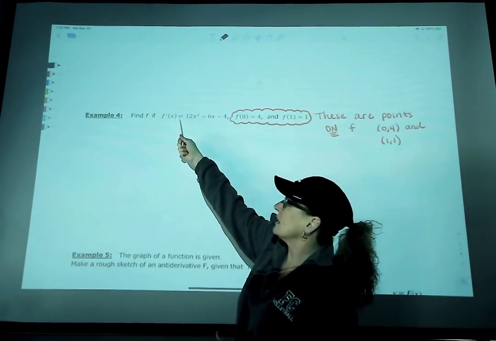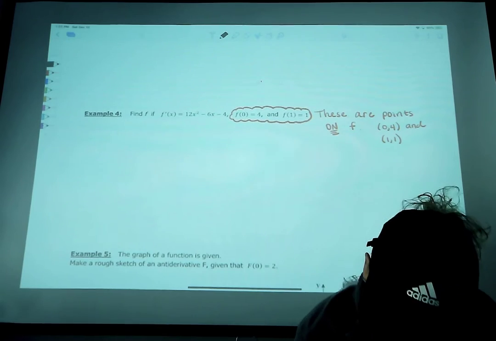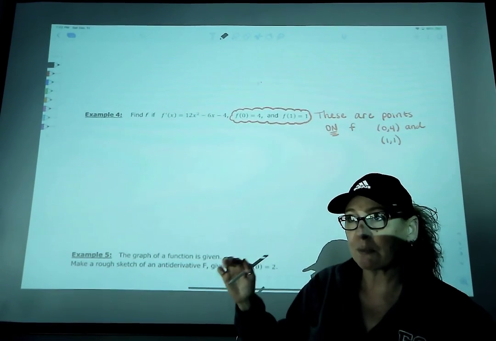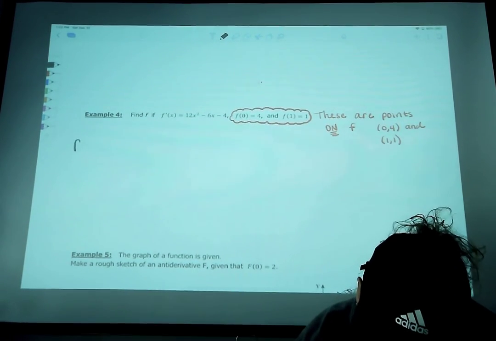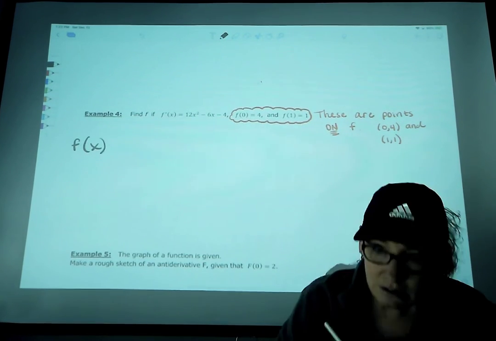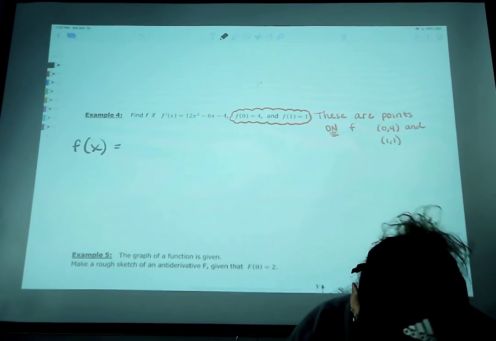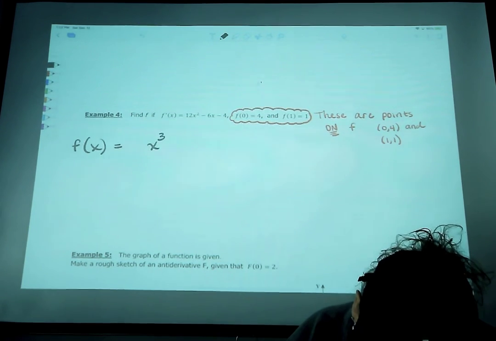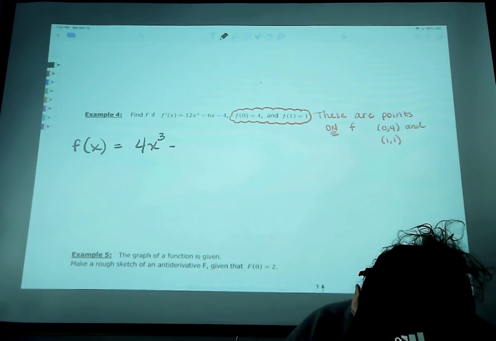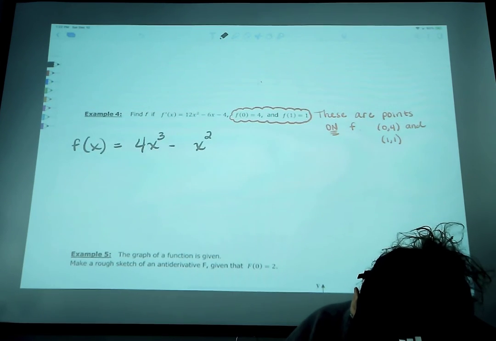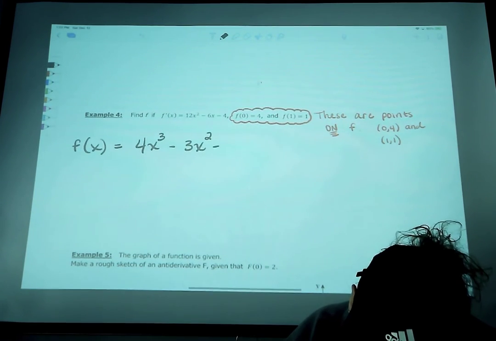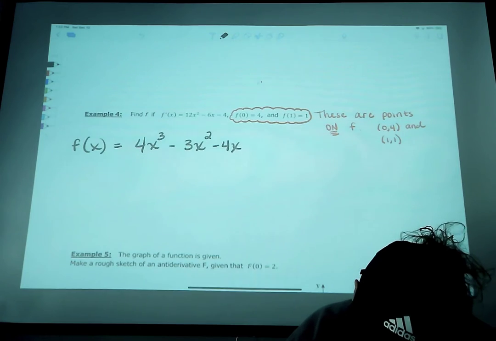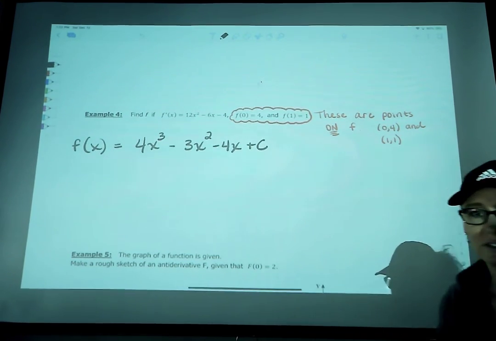Here I go. I'm getting ready to take the antiderivative of this. Since it's called little f prime, I'm going to call the antiderivative just little f. All right, here I go. I'm going to power rule it. I'm going to raise it and divide. Raise it and divide. Throw an x on it. Don't forget plus c.